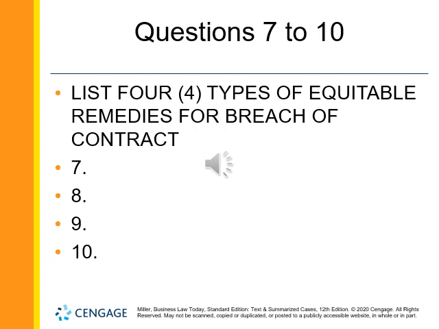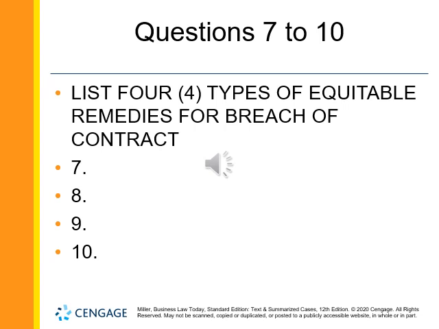Accordingly, your answer to number 7 will consist of one of the 4 types of equitable remedies for breach of contract. Your answer to number 8 will consist of another of the 4 types of equitable remedies for breach of contract. Your answer to number 9 will consist of a 3rd type of equitable remedy for breach of contract.